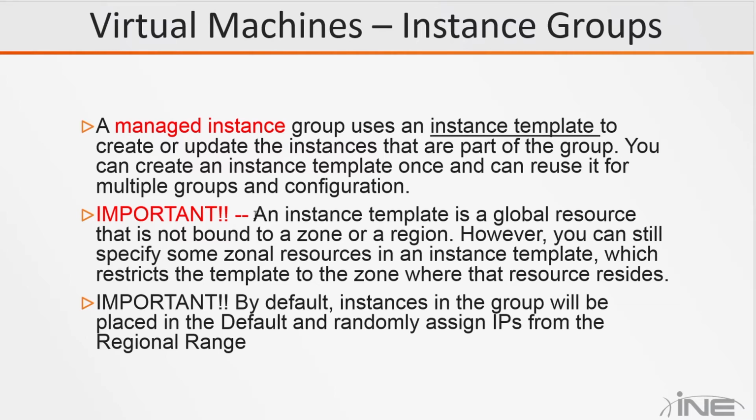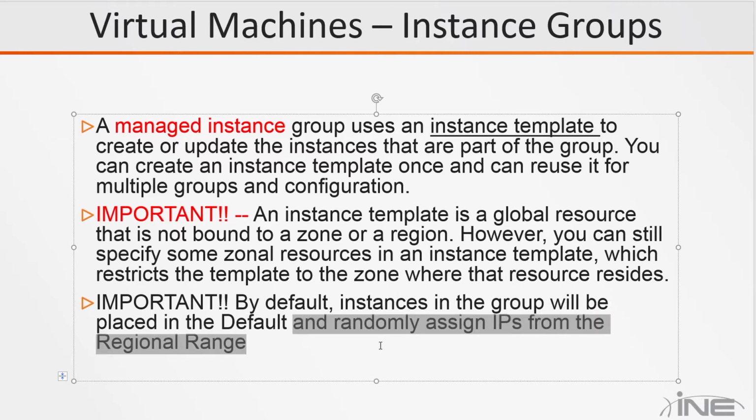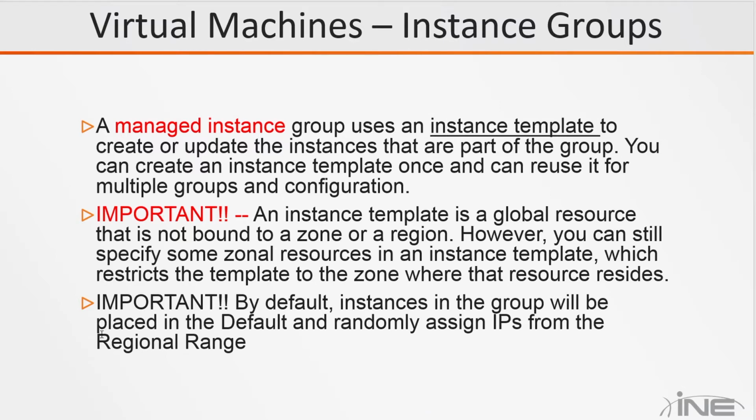That's your call. Now, by default, instances in the group will be placed in the default group and will be randomly assigned IPs from that range, from the regional range. So, for example, all those IPs will essentially be assigned IPs that will meet the requirements of that region, essentially.